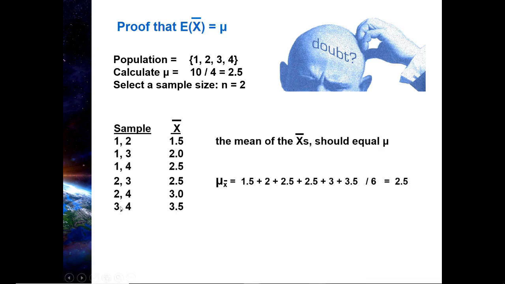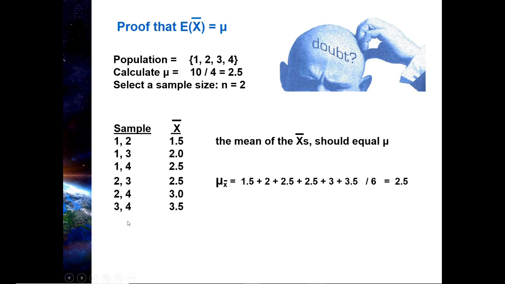First step, remember, is exhaustively sample. So what are all the possible combinations of 2 numbers that I can get when I sample? Well, I might get a 1 and a 2, a 1 and a 3, that's possible, 1 and 4, 2 and 3, 2 and 4, 3 and 4.